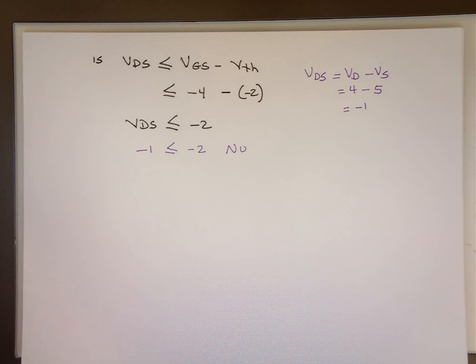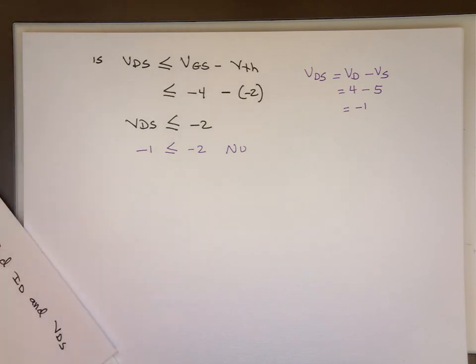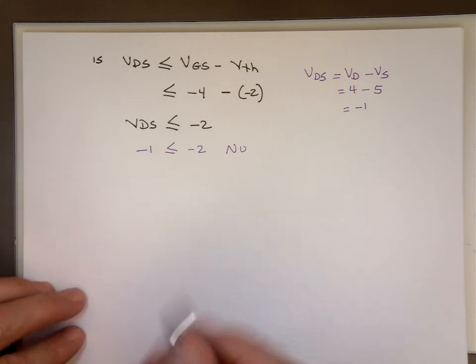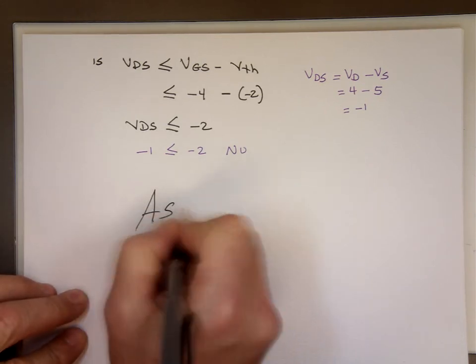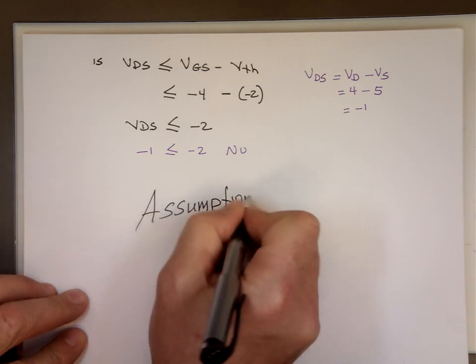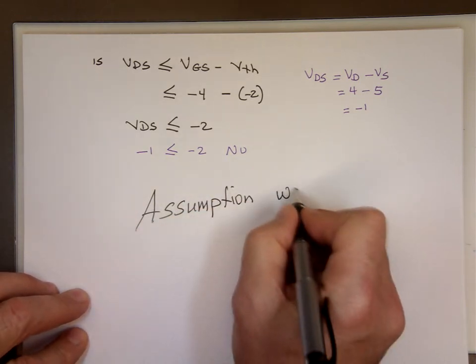That means our assumption is inaccurate. We made the assumption we are in saturation, and the math tells me, no, we're not. So we are not in saturation. Let me write that down in big writing. Our assumption, I want you to know that, was incorrect.